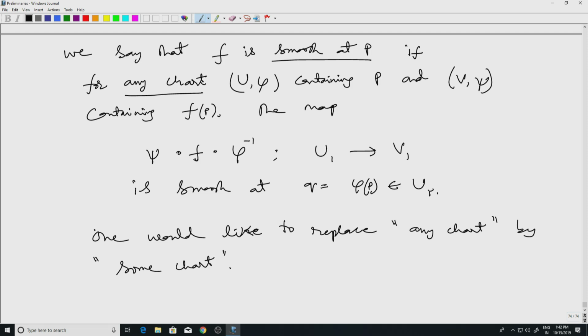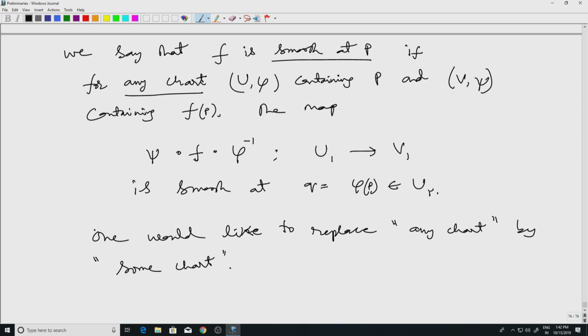That is one thing. And secondly, if one wants to check that a map is smooth, it will be quite hard to check this for every chart. Typically what one does is choose some nice chart and then check various things.